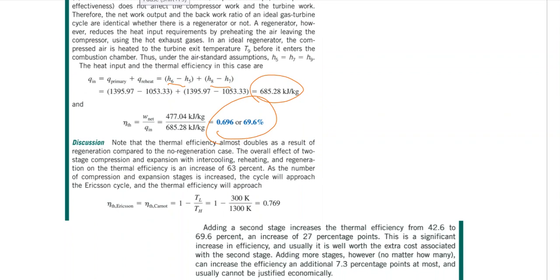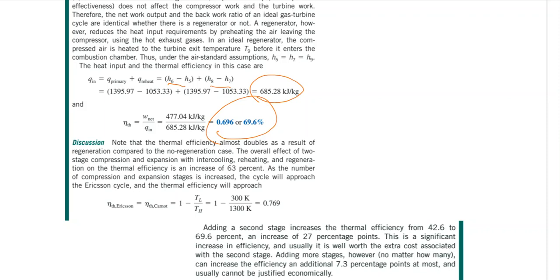This is an example of perfect regeneration using single stage intercooling and single stage reheating. Now the question is whether increasing the stages of the compression and increasing the stages of the turbine would improve the thermal efficiency or not.